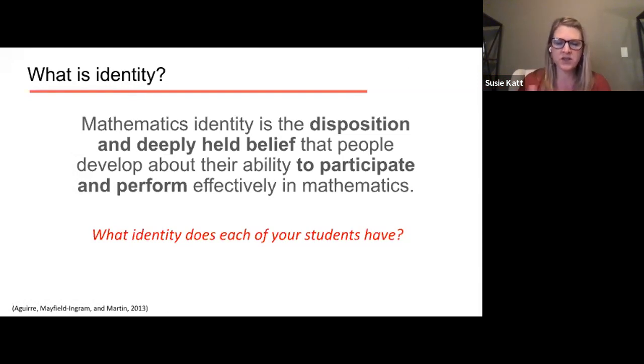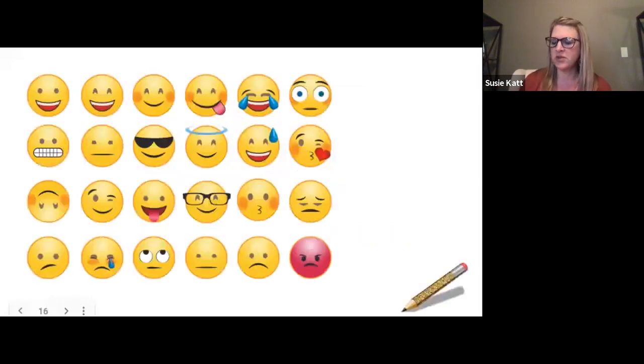And these identities change over time. I know mine has really evolved. So we can't really fully learn about our students' math identities through one single activity. It's important that we engage in these activities throughout the year to gain a better understanding of who our students are and also how they evolve over time. And when we really know our students, we can better engage them and better support them and foster thinking and productive struggle.